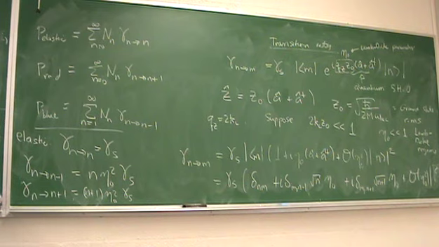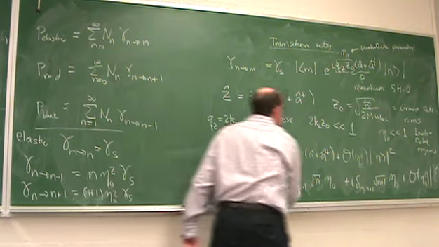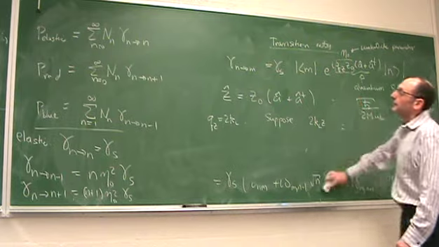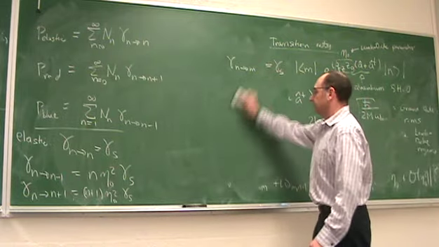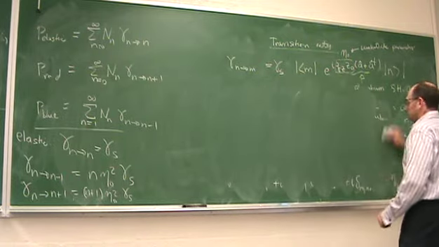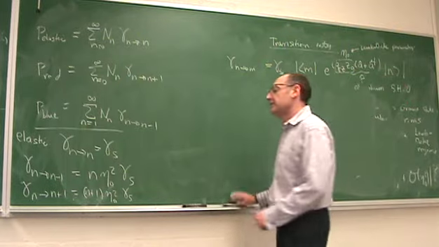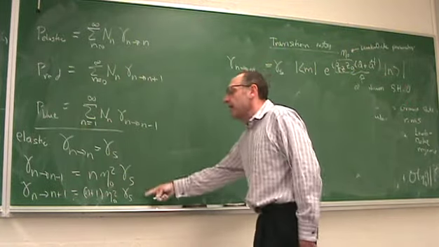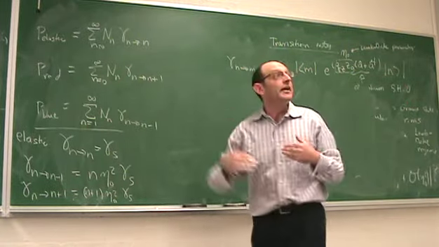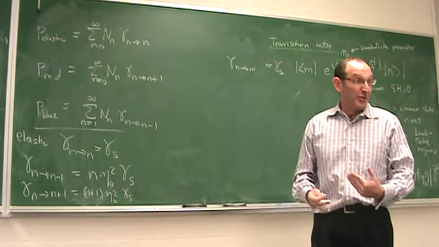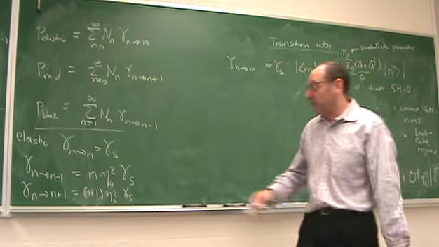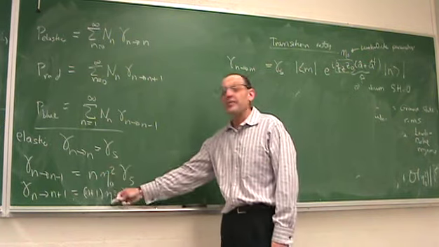So, in particular, what we see from this is the following very important fact: the rate of scattering going up or down a level is reduced. It's reduced by an amount that has to do with the square of this small number.